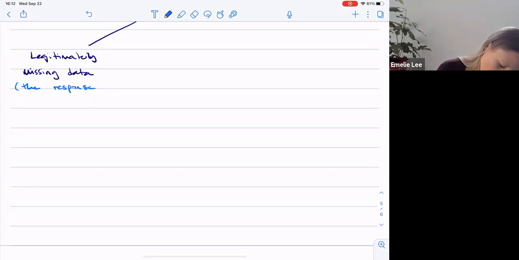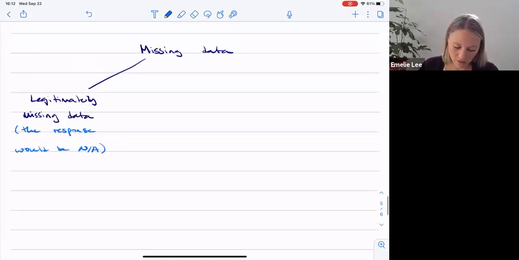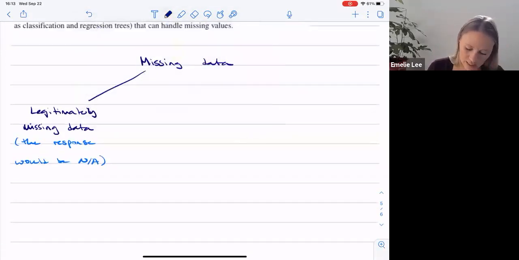The response would be not applicable. Let's just think about it that way in general, right? If there was a not applicable option, then that would be the response. Okay, that would be the only way that you can have legitimately missing data.